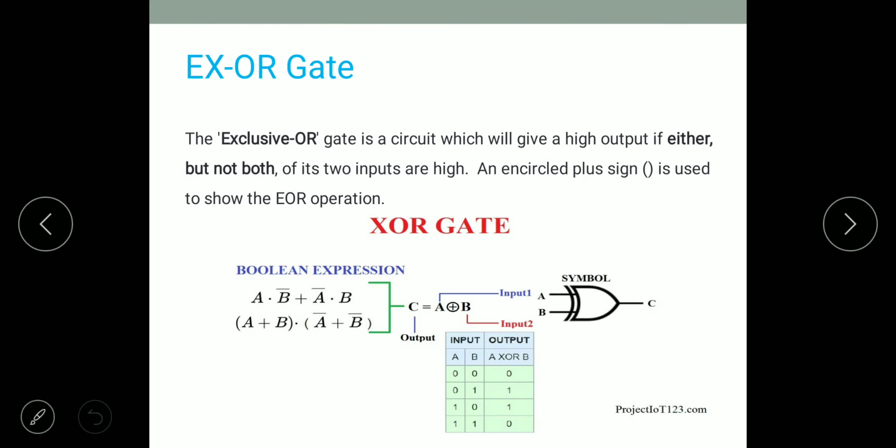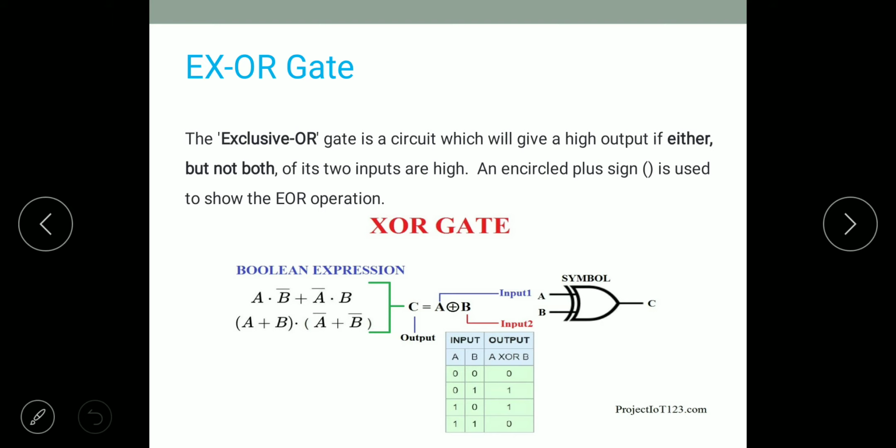Okay, now we see the XOR gate. The exclusive OR gate is a circuit which will give a high output if either but not both of its two inputs are high. An encircled plus sign is used to show the XOR operation.